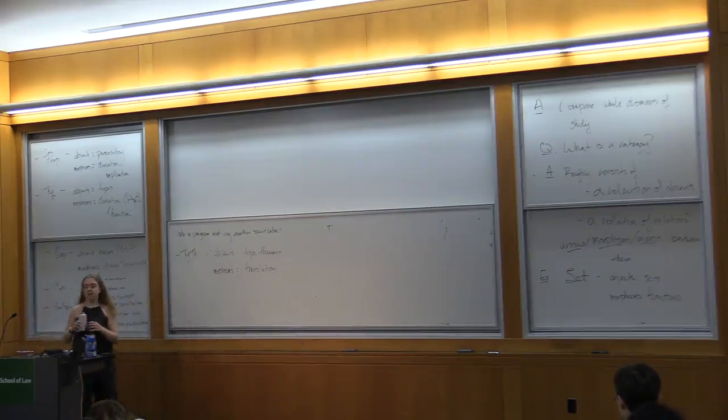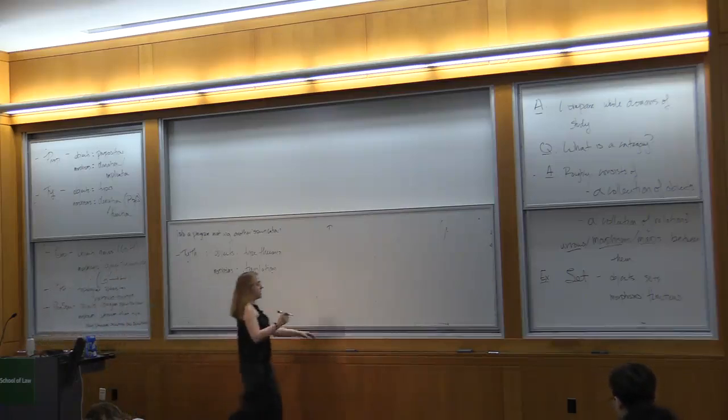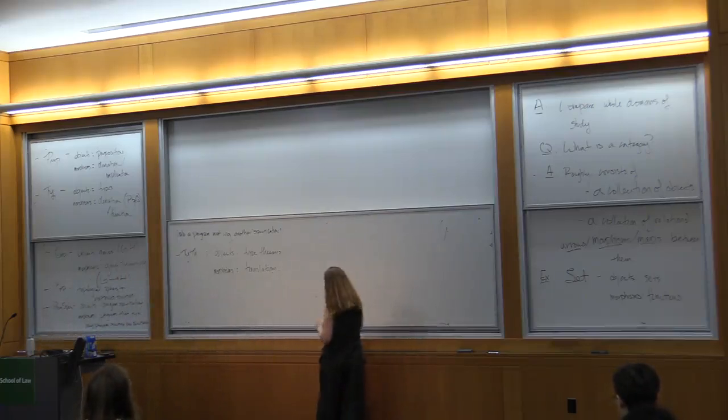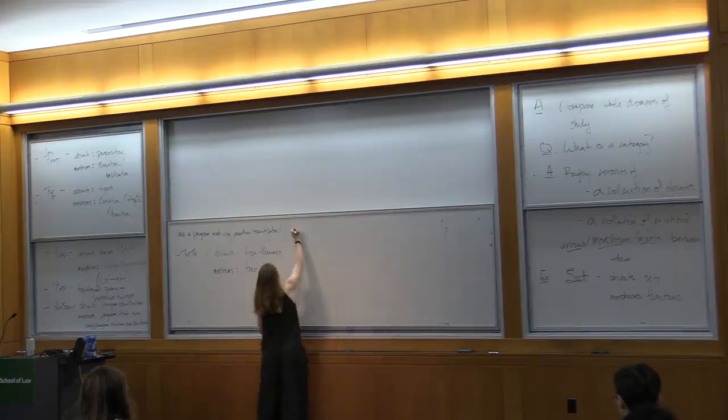Let me now give the definition of a category. Like I said, it's basically what I wrote over there, plus some extra structure that all of these examples will also have.